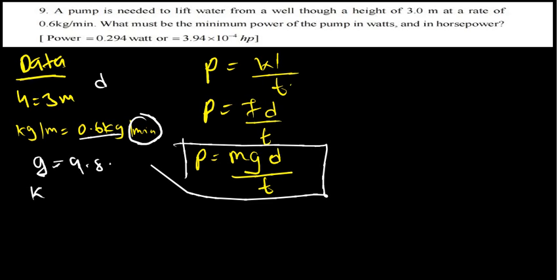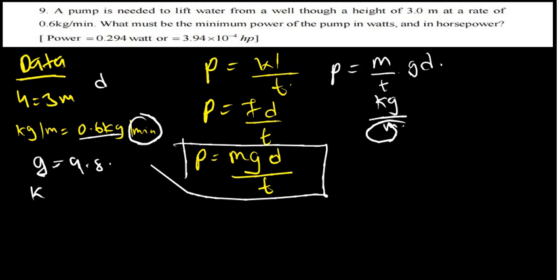So power is going to be given by mass over time, then times g d. This mass is in kg, and time is in minutes, but we are going to convert that into seconds.